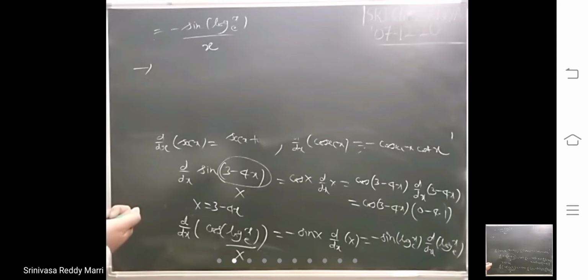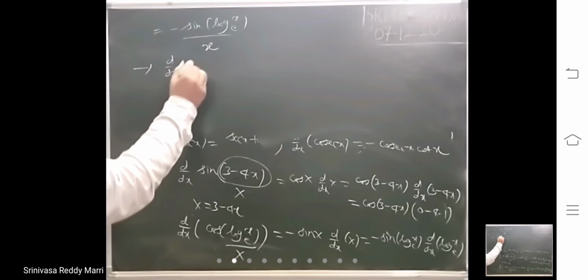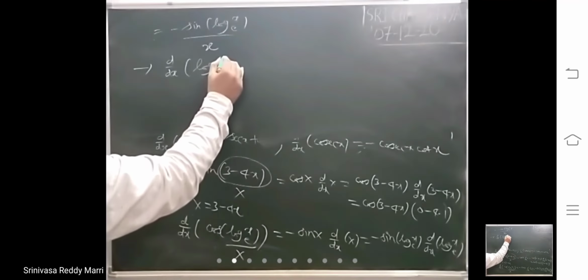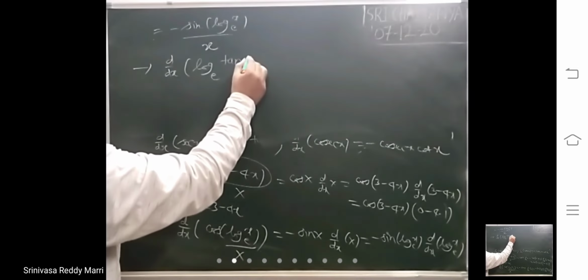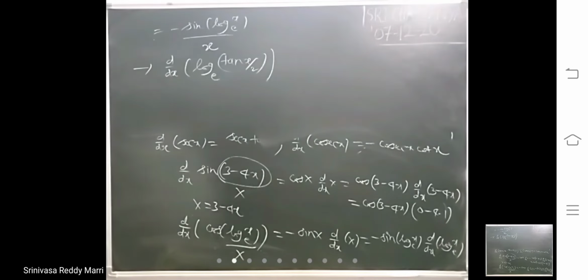Suppose you got this, look: d by dx of log tan x by 2. Now the first rule is log.